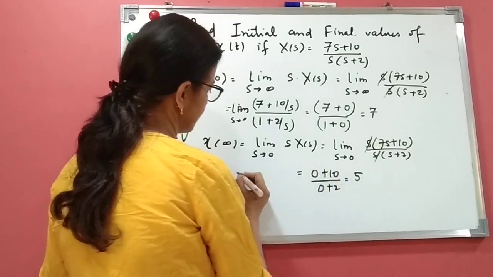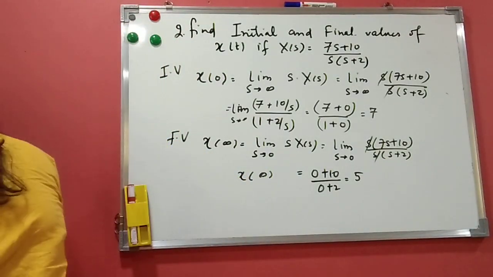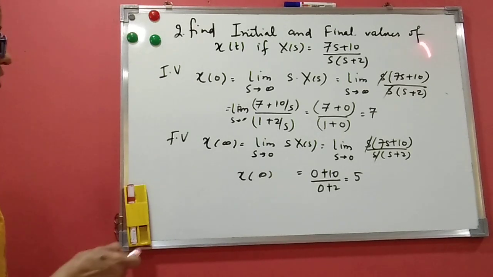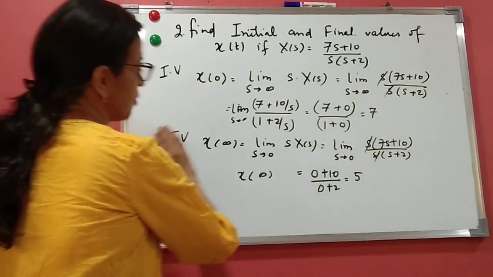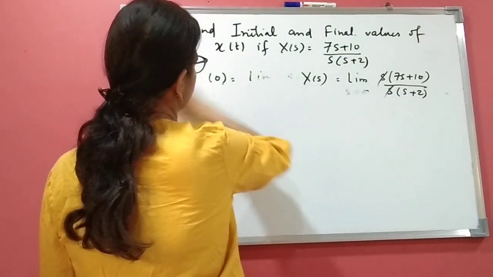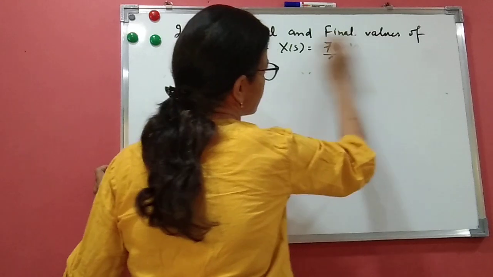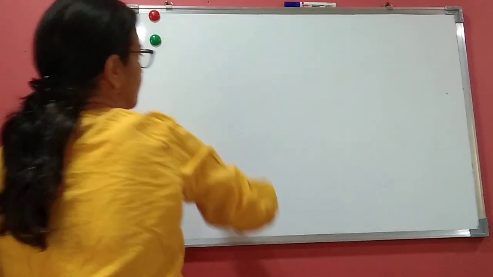So the answer is 5. So you see how we got the value of x of infinity and x of 0, using the initial value and final value theorems. Okay. Now we'll use the differentiation property to solve differential equations. So that property is used for solving differential equations. So let us do the third problem on differential equations.